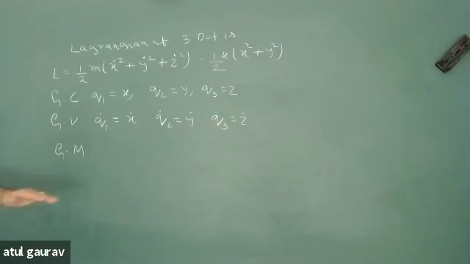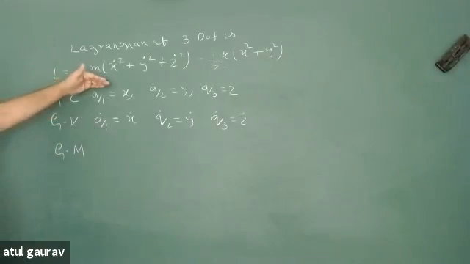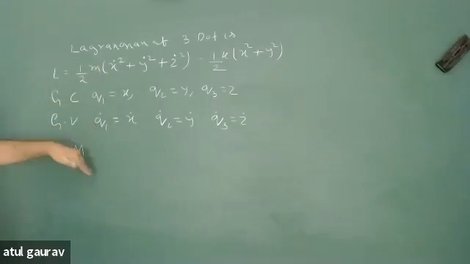You can easily calculate each and everything. If generalized velocity is there, then generalized coordinate is there, and generalized momentum is there. So this is the most important thing, generalized velocity. So what is generalized momentum?